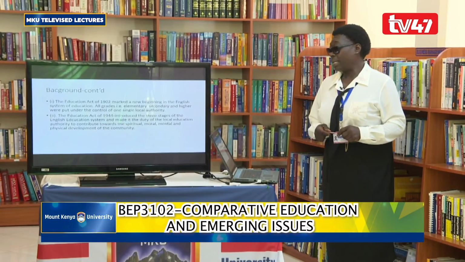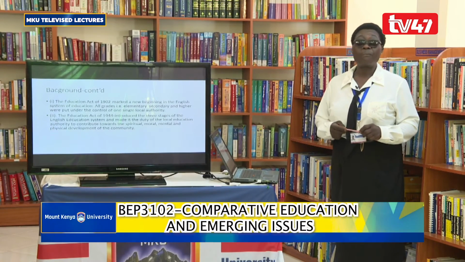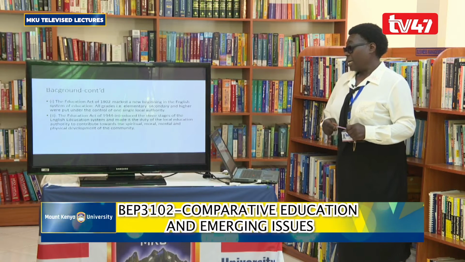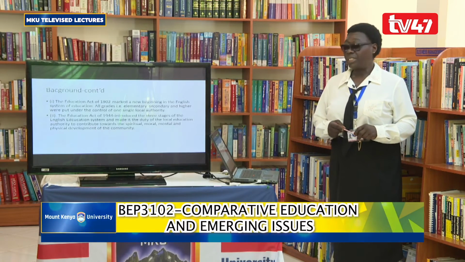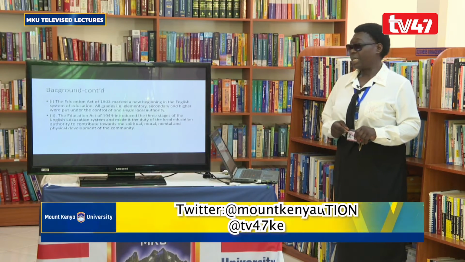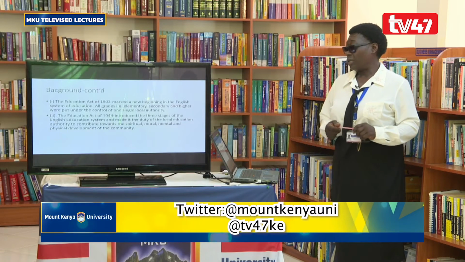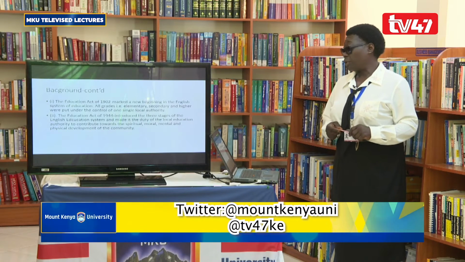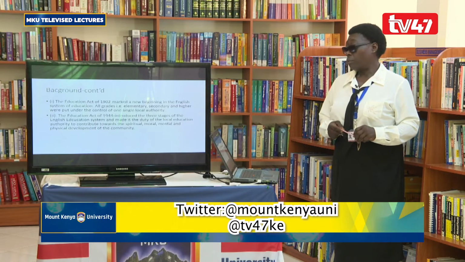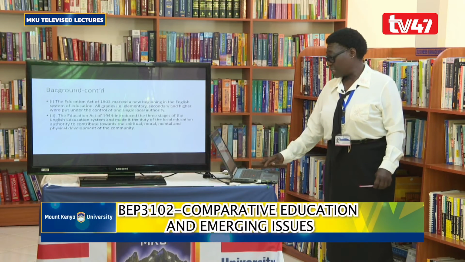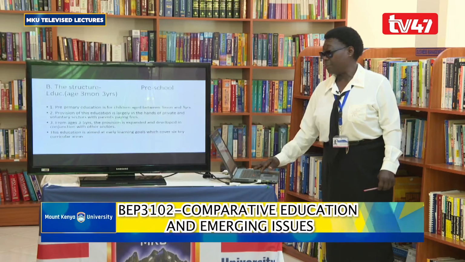The second bill is the Education Act of 1944, which introduced the 3 stages of the English education system. The same act made it the duty of the local education authority to contribute towards the spiritual, moral, mental, and physical development of the community.